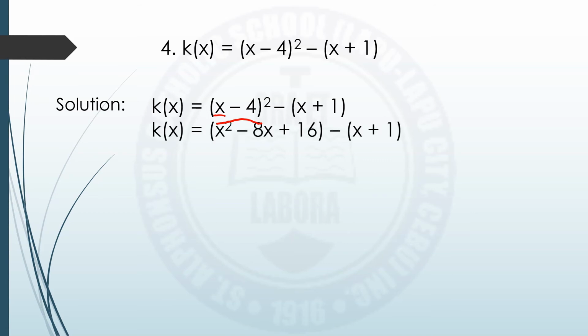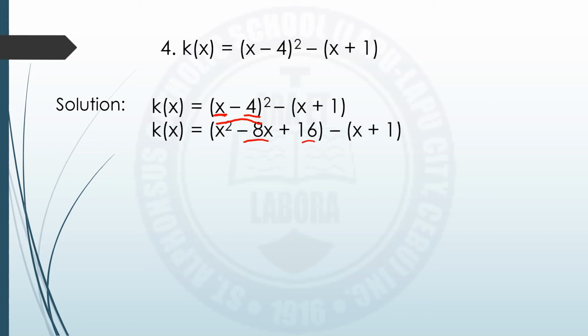And then multiply the first term and the second term, then times 2. So x times negative 4 is negative 4x, times 2, that makes it negative 8x. Then square the second term in our binomial, which is negative 4 squared. The answer would be 16.